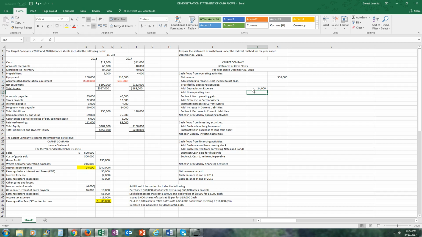The other items we could find on the income statement would be a non-operating loss or non-operating gain. We find that we do have both. Looking at the loss, we want to back it out. So we will add the non-operating loss.